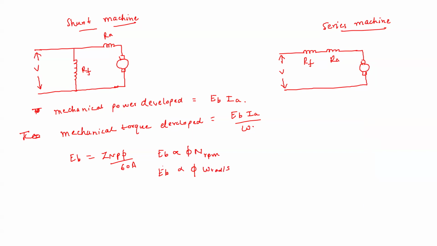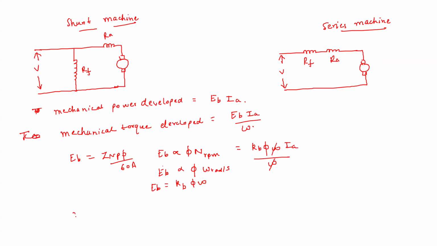By multiplying N by 2 pi by 60, you will get omega in radians per second. So EB is proportional to KB phi omega, where KB is the proportionality constant. Instead of EB, I will be putting this. So it becomes KB phi omega IA by omega. Omega gets cancelled.